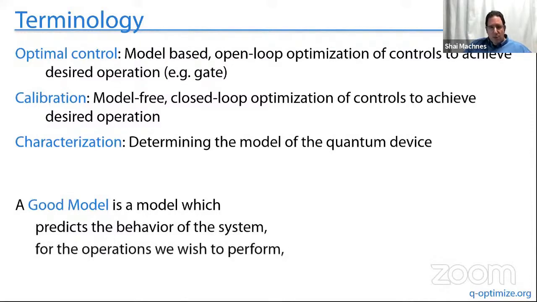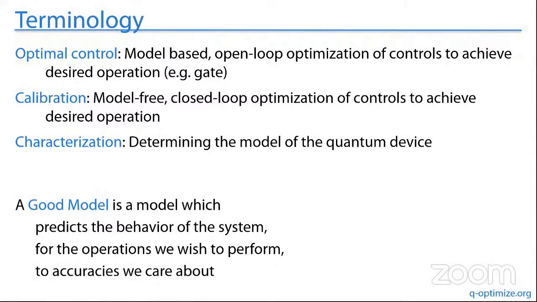For the operations we want to perform, there are certain energy limits, bandwidth limits and various other constraints, and the accuracies we care about. Every model is an effective simplified model. We're not doing quantum chromodynamics for every atom on the superconducting chip. So it's a question of accuracies. Here we usually mean something like 10⁻⁴ in terms of fidelity. That's the accuracy we're looking for, and the operations are gates, reset and readout.